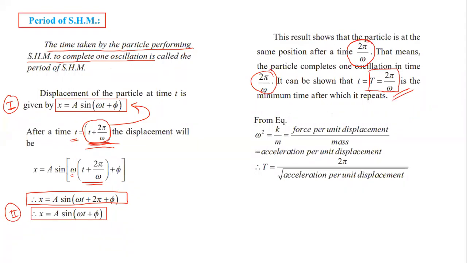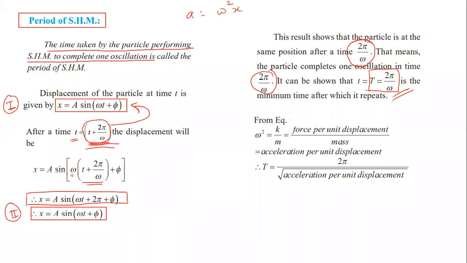Now from this equation, we can write omega square is k by m. And this k by m is acceleration per unit displacement, because you know that acceleration is equal to omega square x.